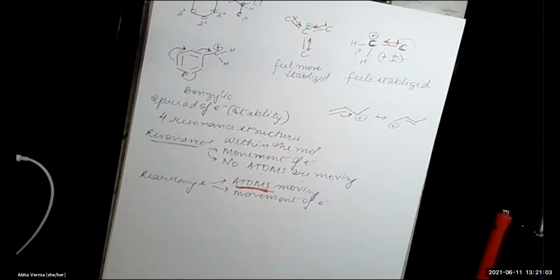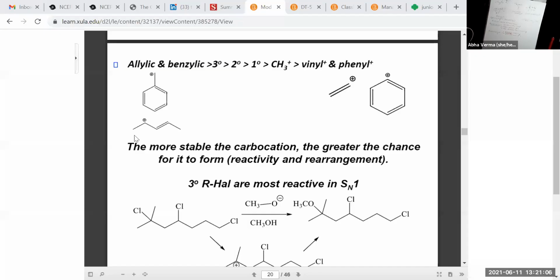Okay. So I just want to remind you quickly, the allylic and benzylic are most stable. Tertiary is more stable than secondary, which is more stable than a primary. And this is just a methyl group on its own. So between a primary and a methyl, the methyl will be less stable. And then the vinyl and the phenyl. So remember, the alkyl R groups will have a plus I effect, pushing the electrons to the positively charged part.